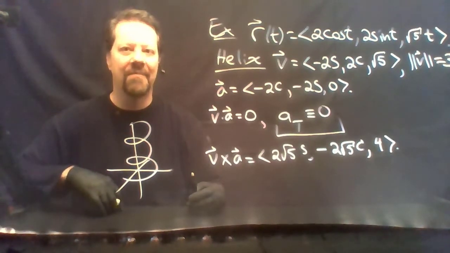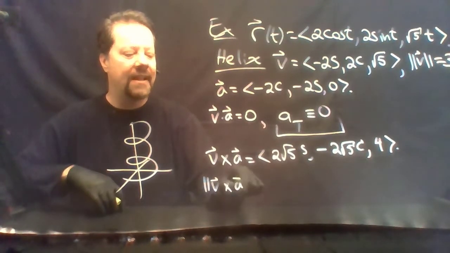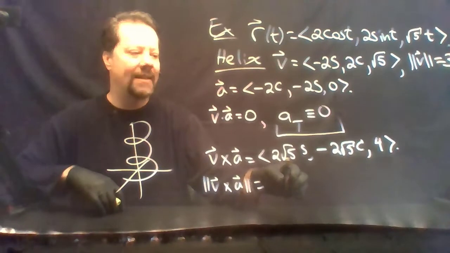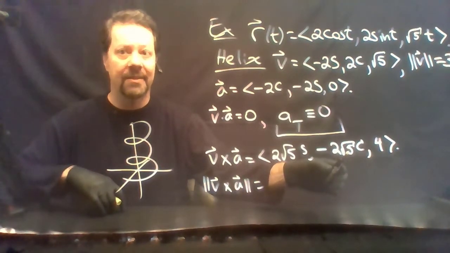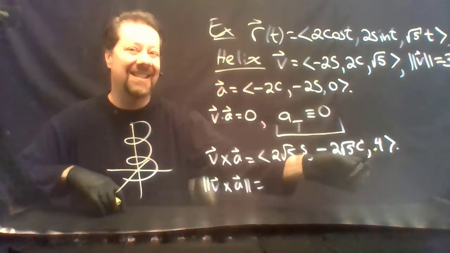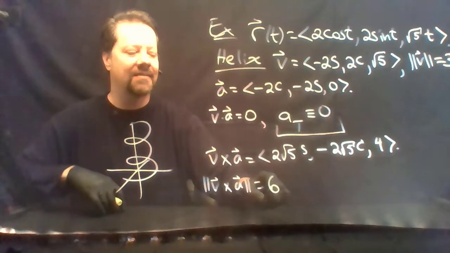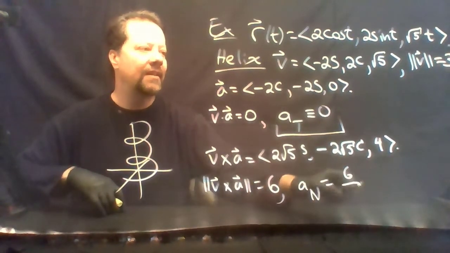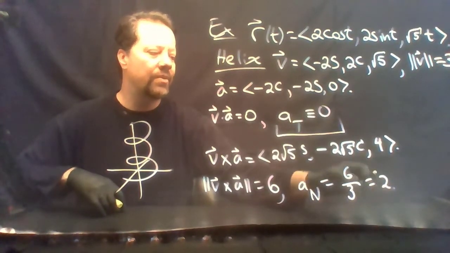That's just 4. What is the norm of v cross a? Well, you'll have 4 times 5, that's 20 sine squared, plus 20 cosine squared, that's 20, plus 16, that's 36. The square root of that is 6. It follows then that the normal component of acceleration is 6 divided by 3, or 2.